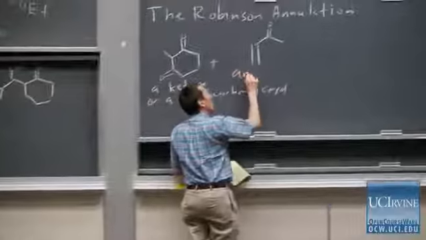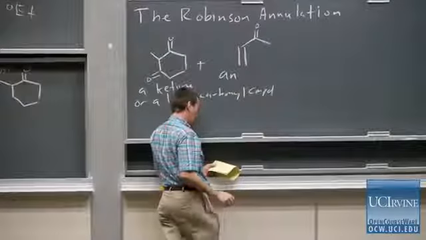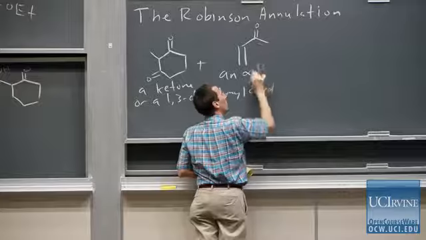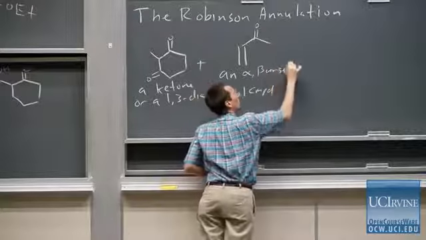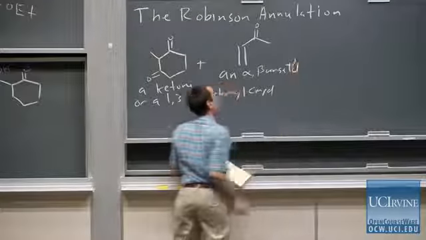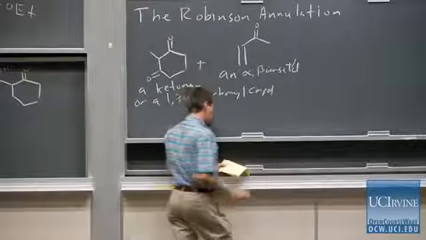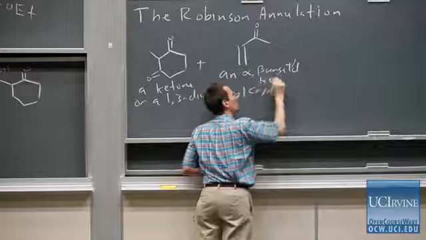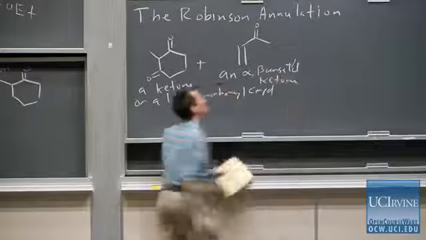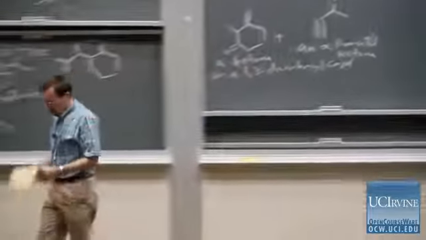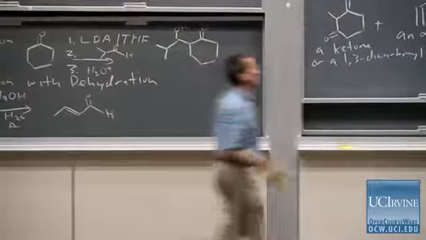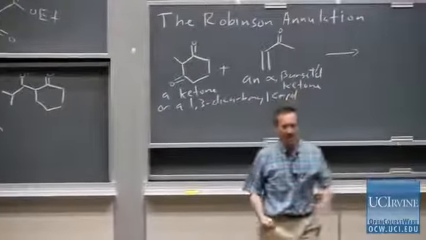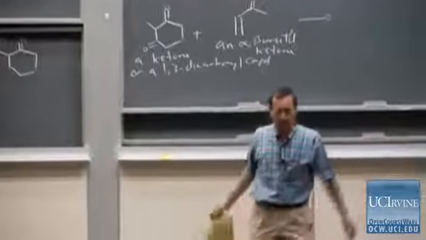Anyway, this is an archetype for an alpha-beta unsaturated carbonyl compound. I'll write that in shorthand, alpha-beta unsaturated. And I'll say more specifically, an alpha-beta unsaturated ketone, because we're going to need that. Okay, and again, we're going to mix this with some base. Honestly, you're going to get a baby exposure to the Robinson annulation.